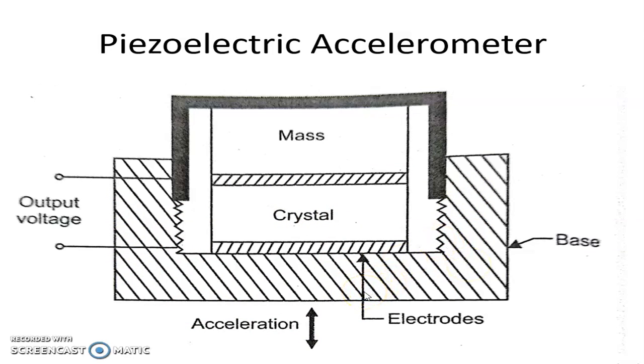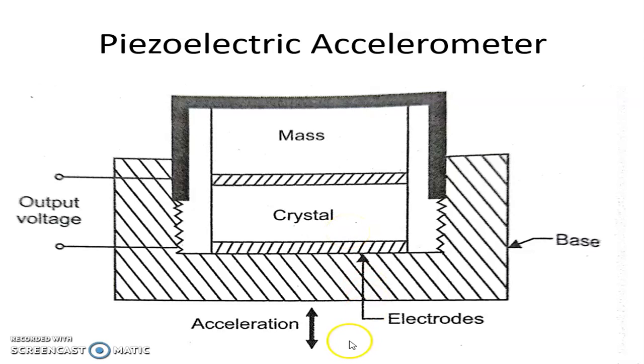The piezoelectric crystal has an inherent property that when a force or pressure is applied across its surfaces, it develops voltage or EMF across them. This property is used in order to measure acceleration.